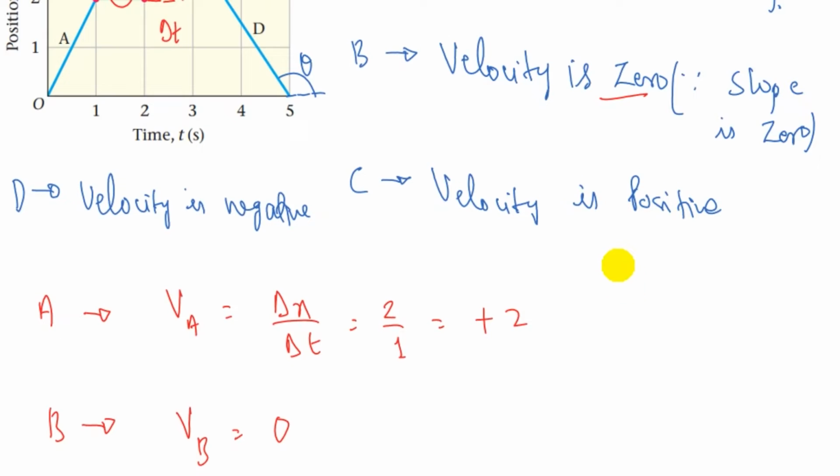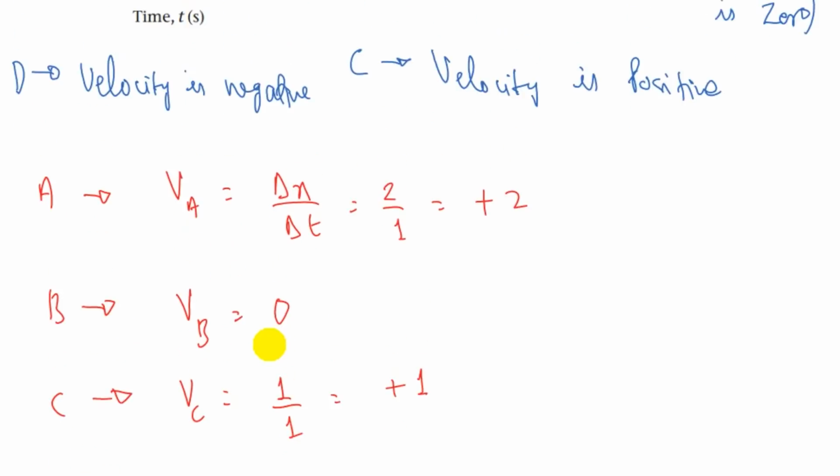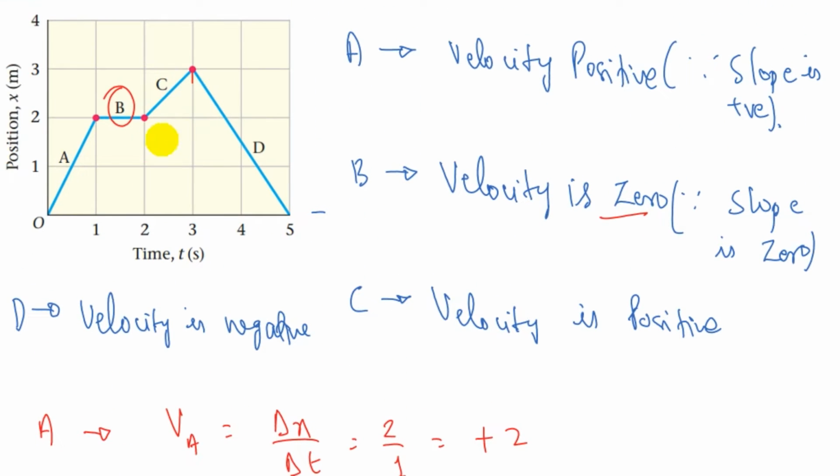Now finally, here this would be the delta x, and this would represent the delta t. This is the initial position and this is the final position. So delta x would be 0 minus 3 because here x is 0 and here x is 3.